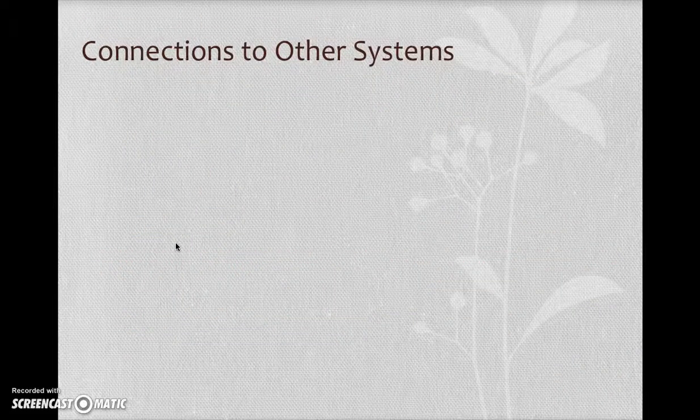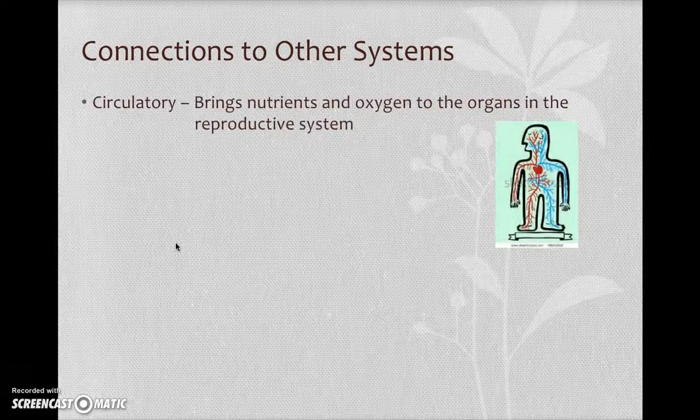So, connections to other systems as far as reproductive system goes. Of course, we could say the circulatory system. As always, the circulatory system brings nutrients, oxygen to the organs in the reproductive system. It takes away wastes like carbon dioxide, those things away from the system.